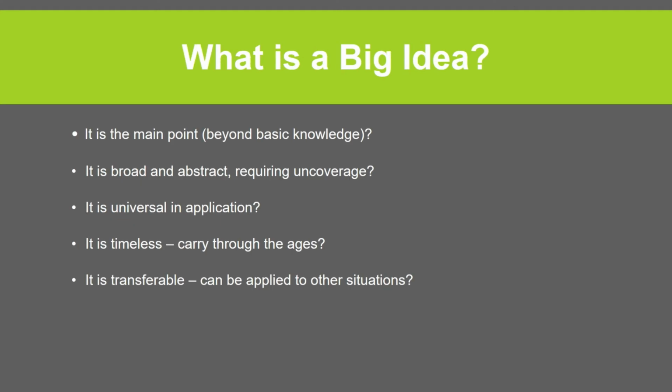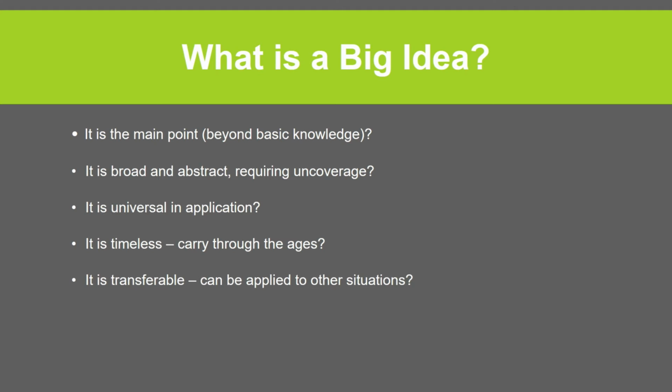So a little bit more about the big idea as we now dive into the different parts of prioritization. The big idea is, what is the main point? What is the major idea? Beyond just, okay, what's that basic knowledge that students need to know? So in the bigger picture, what is it that you want them to think about and see on a larger scale?